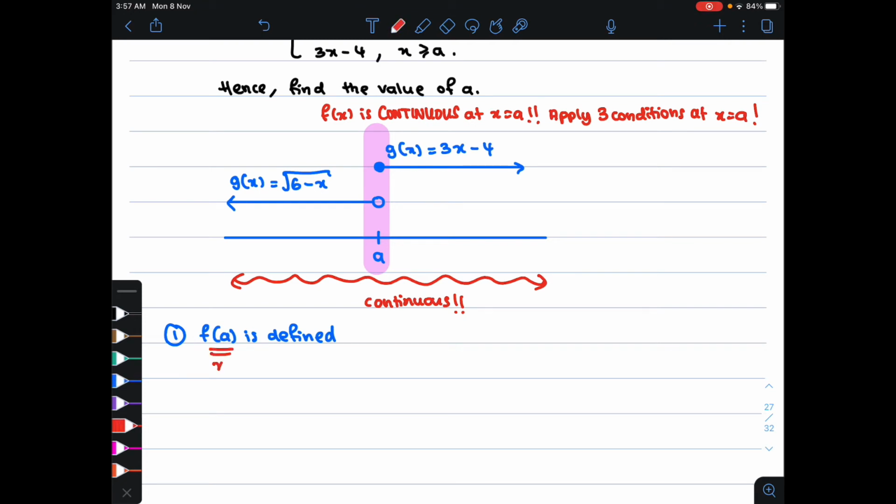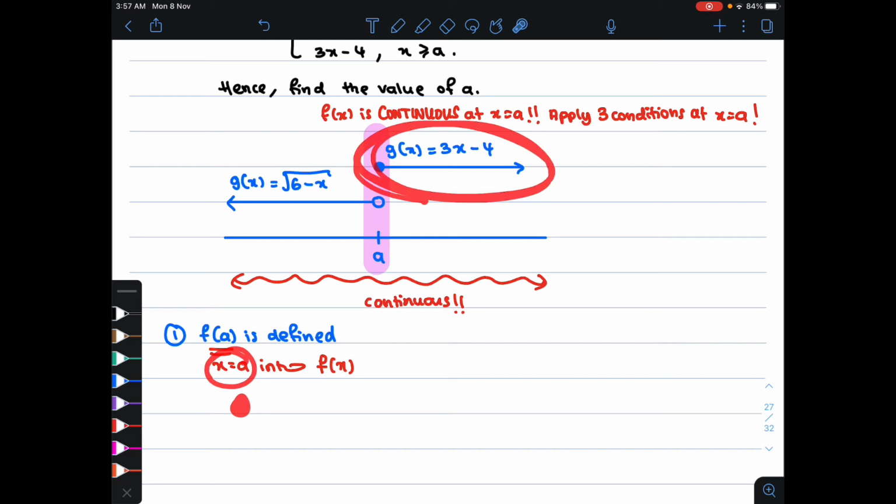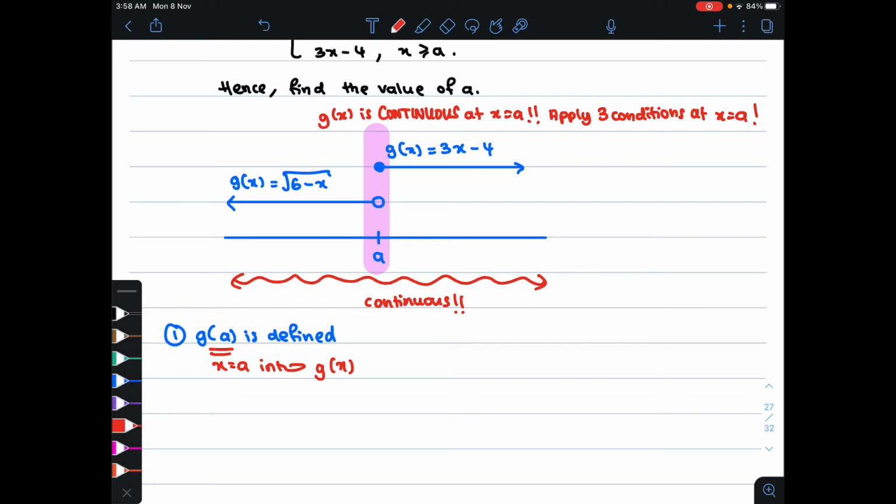This means that you're substituting x equal to a into g(x). I'm sorry, it's supposed to be g(x) instead of f(x), sorry.